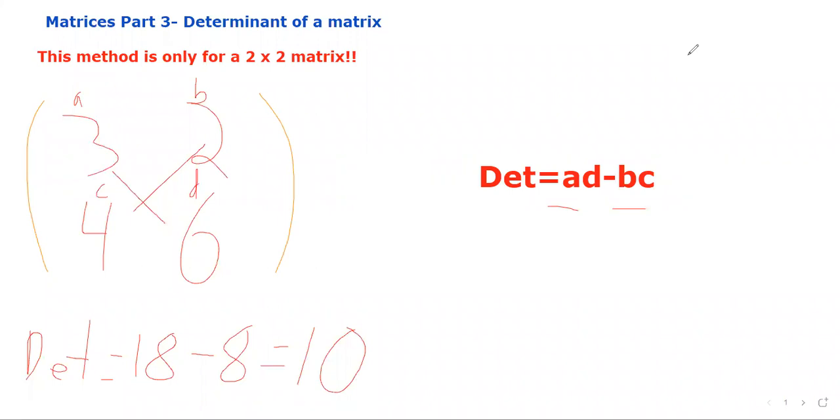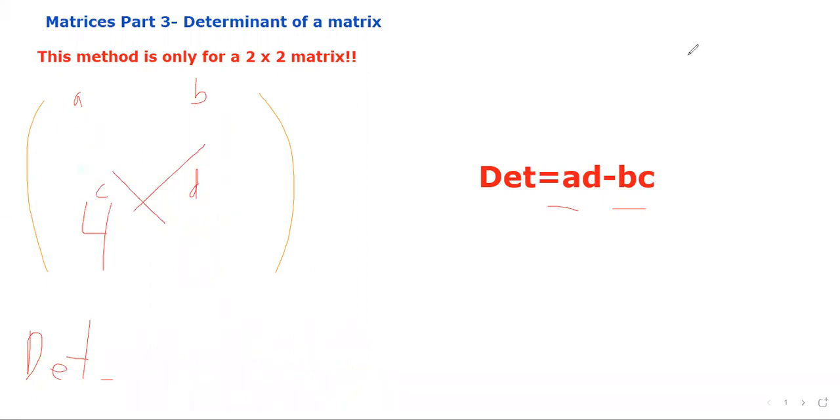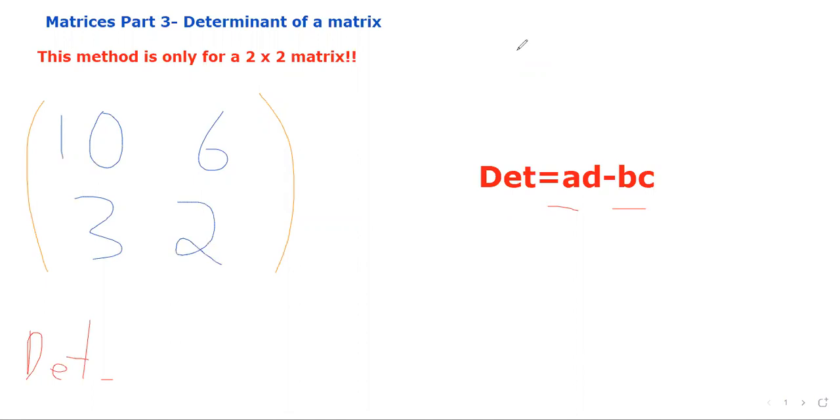So let's try one more. Say we have 10, 6, 3, and 2. Same concept. First thing you could do until you get accustomed to it is label A, B, C, and D, so you'll know what A, B, C, and D are.